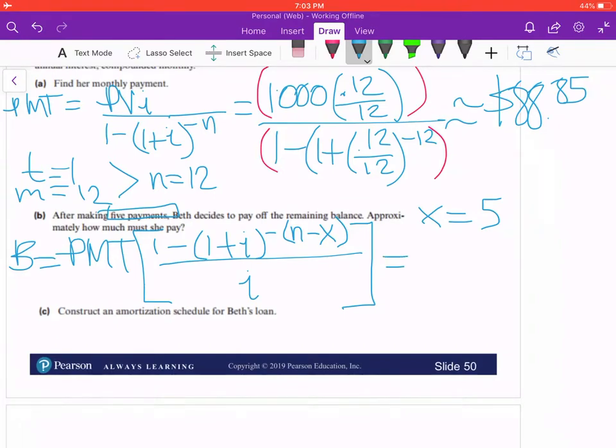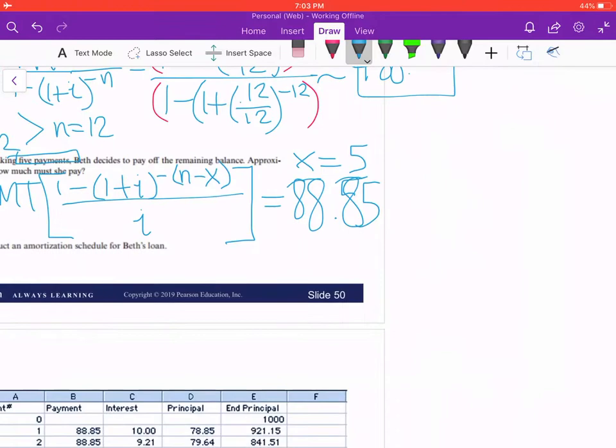So now that we know what the payment will be from the previous question, it's 88.85, and that is going to be multiplied by 1 minus 1 plus the rate that we had, 0.12 divided by 12.